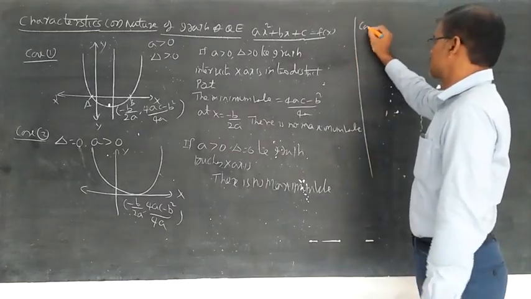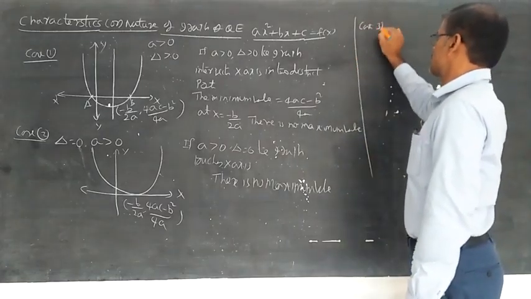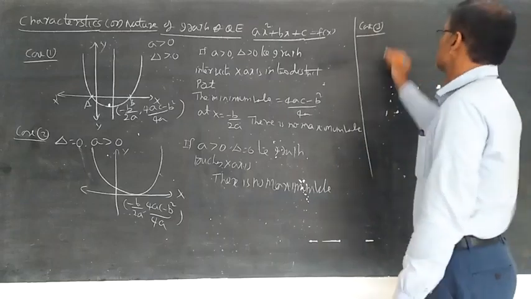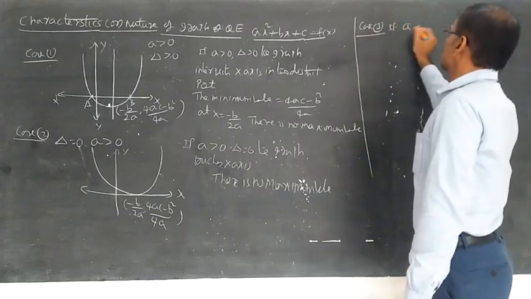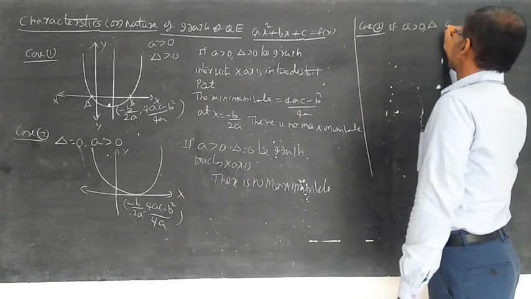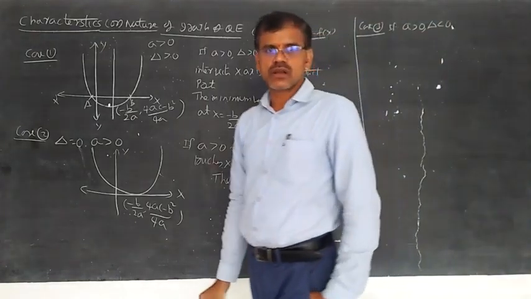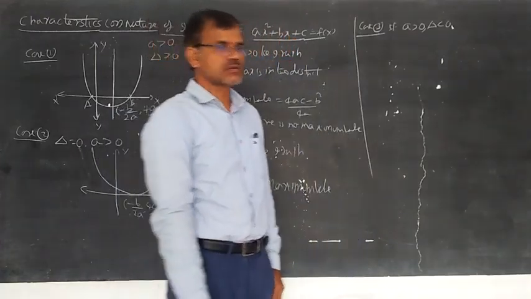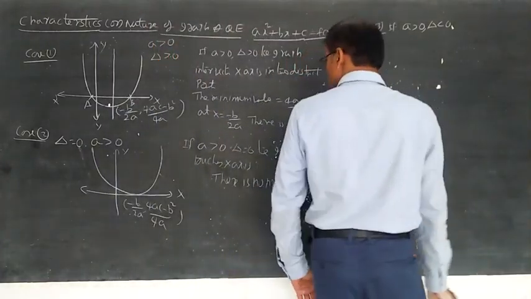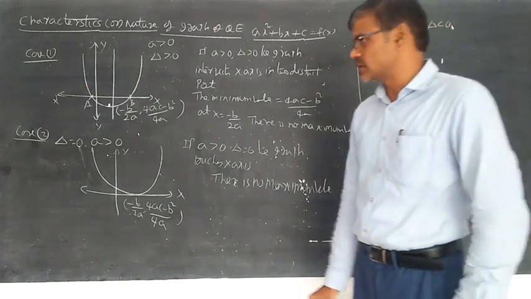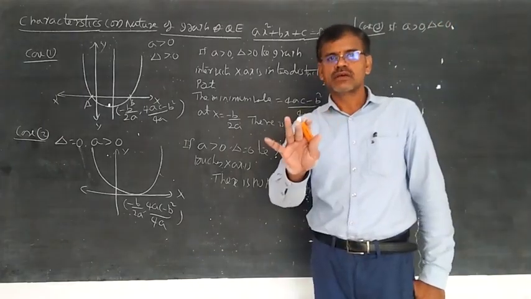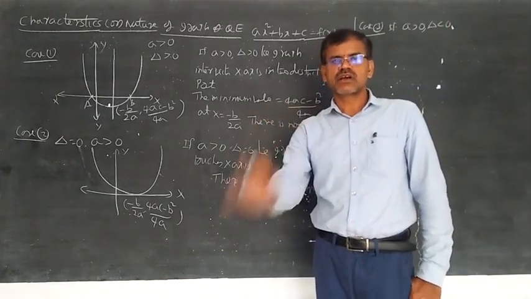Case 3 I am writing. If a greater than 0 comma delta less than 0. Whenever delta is less than 0, the roots are non-real complex numbers, imaginary roots. Whenever there are imaginary roots, we can say that no line intersects or touches the curve.